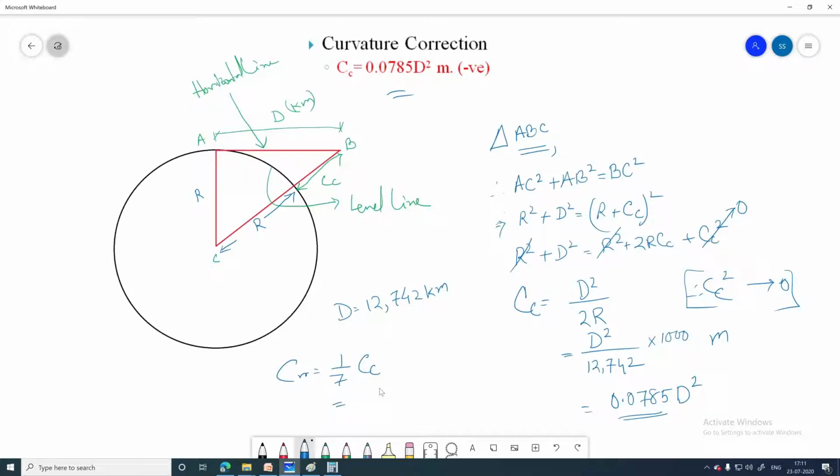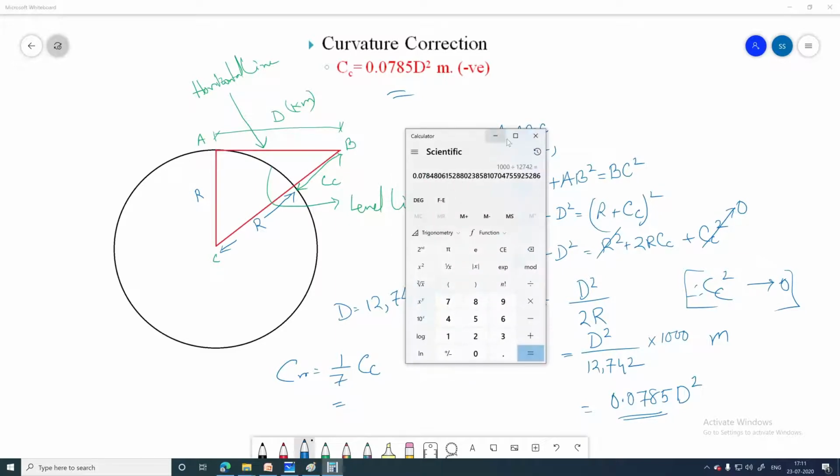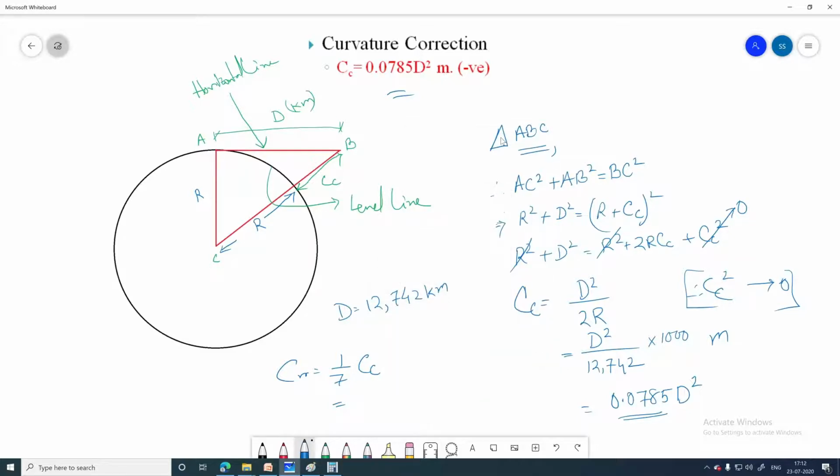And let's determine the value. Just divide this by 7. Look here, 0.0112. Okay, so the value of CR will be 0.0112 D square meter. So this is positive and this one is negative.